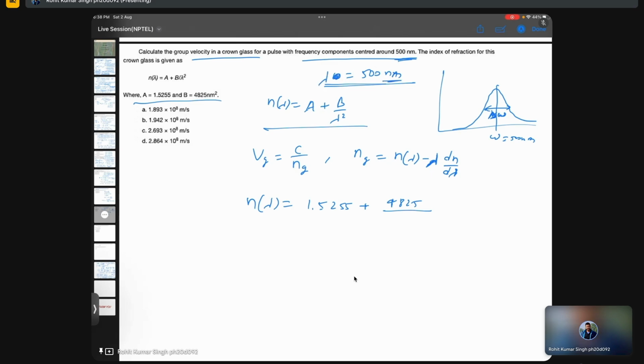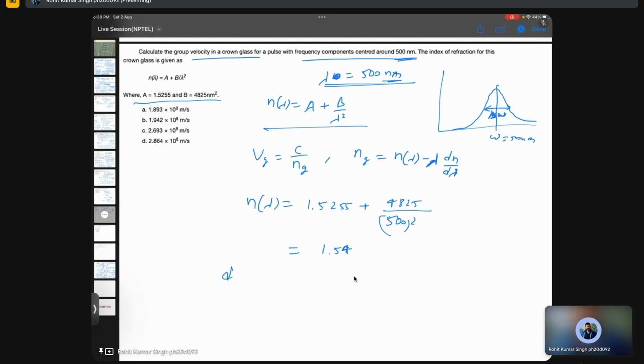Nanometer is the unit of wavelength, a distance, so it is not omega, the wavelength is given. So 500 square, and if you evaluate it, it is approximately 1.54, which should always be greater than 1.